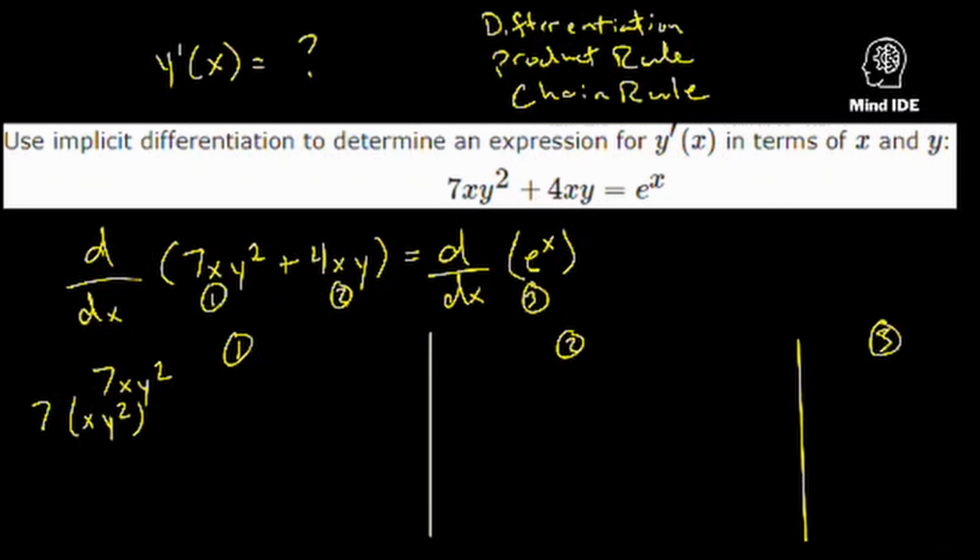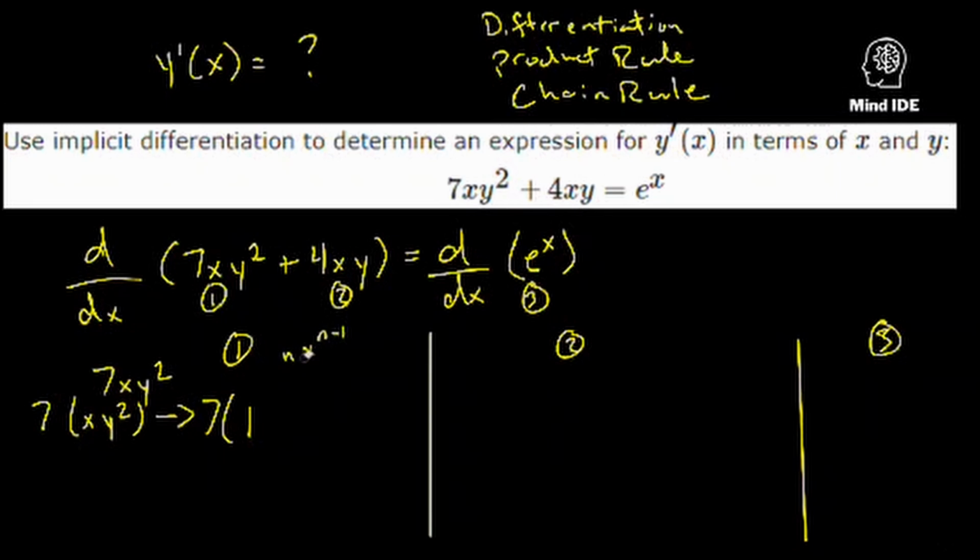And basically what the product rule is, we're going to do the derivative of x times y squared plus x times the derivative of y squared. So this would be 7 times the derivative of x, which is 1, because x to the n becomes n x to the n minus 1.